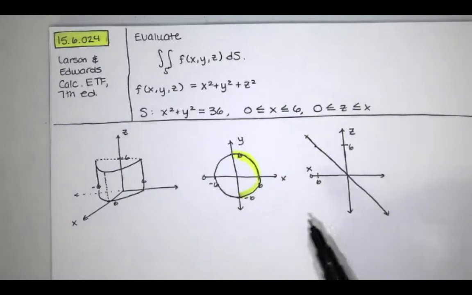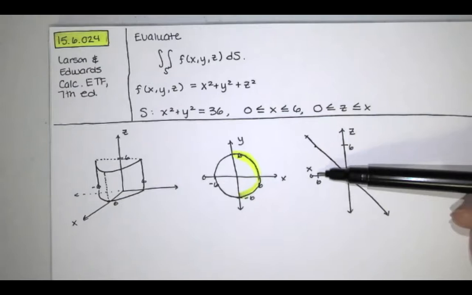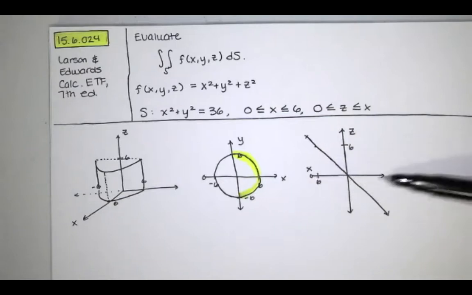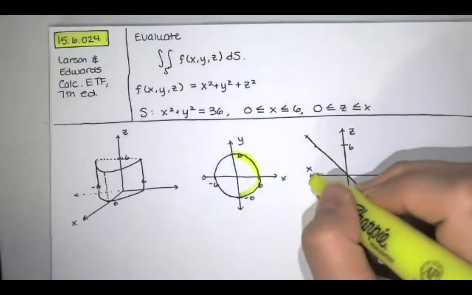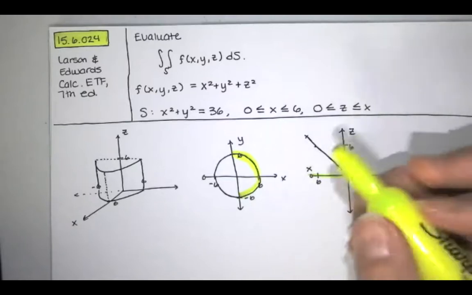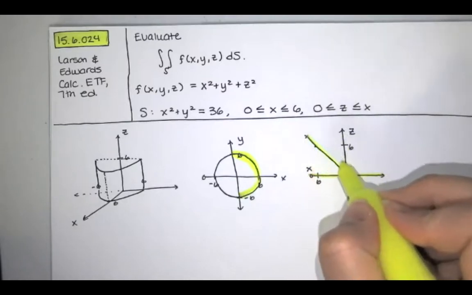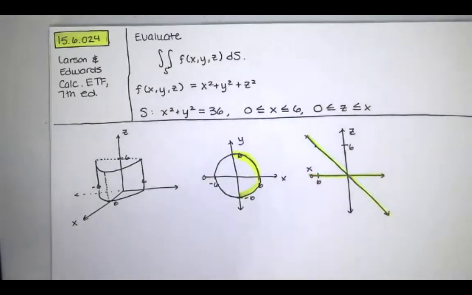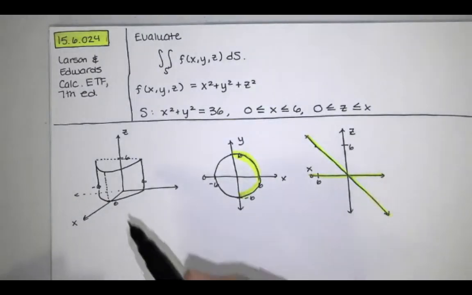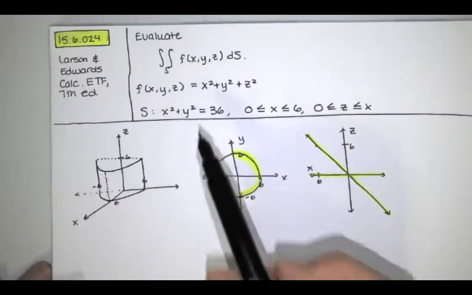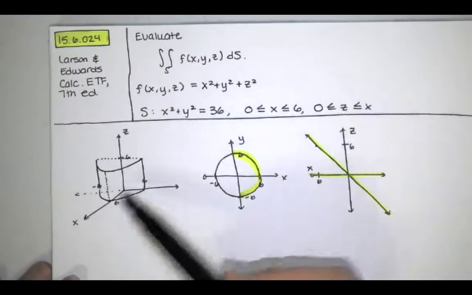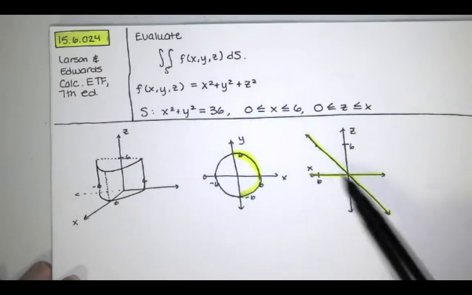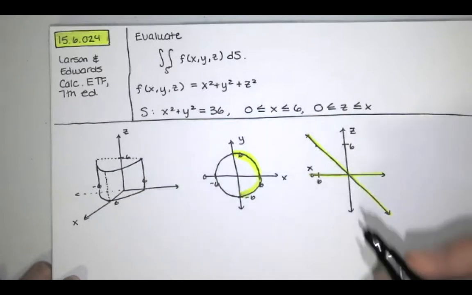And the z values are in between this line, that's z equals 0, and this line where z is equal to x. So we're talking about the part of this cylinder that is between the xy plane and the plane given by z equals x.